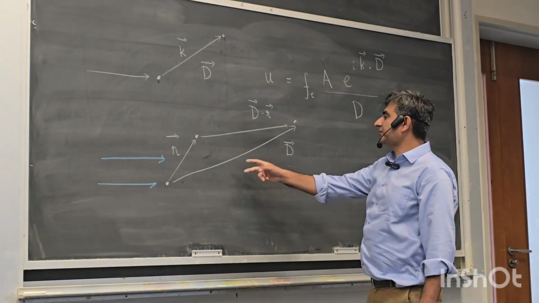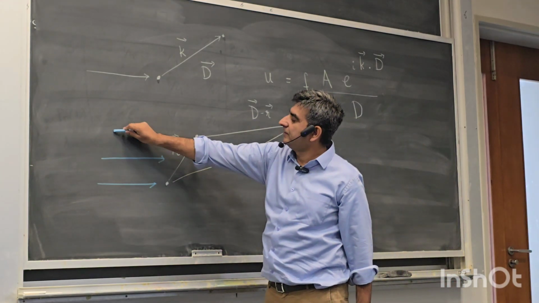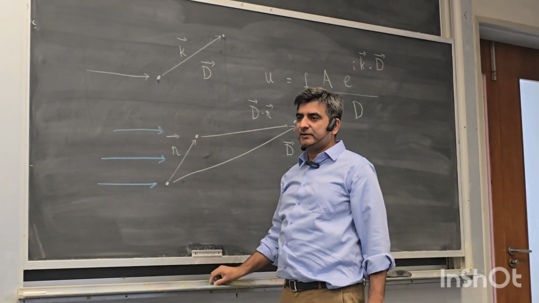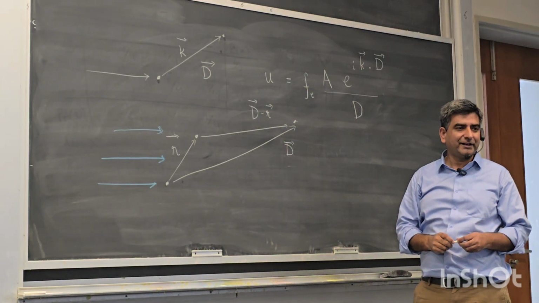Now there's a phase associated with this scattered wave and a phase associated with that scattered wave, and those phases will let the scattered waves interfere. Correct?